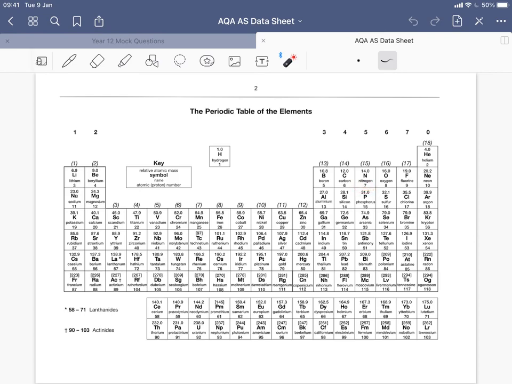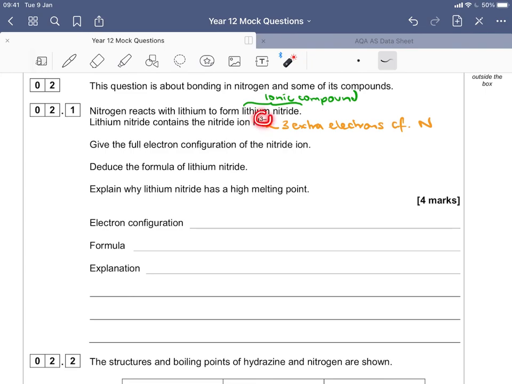So nitrogen has 7 protons, and therefore a nitrogen atom would have 7 electrons. But this 3- here is telling us that we have 3 extra electrons. So we have 10 electrons in total.